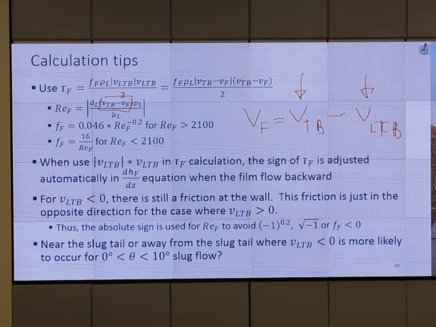So when VRTB is negative, VRTB is VTB minus VF, right? When we move backward, what is the relative velocity? If we move at the same speed as the Taylor bubble, the relative velocity is zero. If any particle moves at the same speed as VTB, the relative velocity is zero.